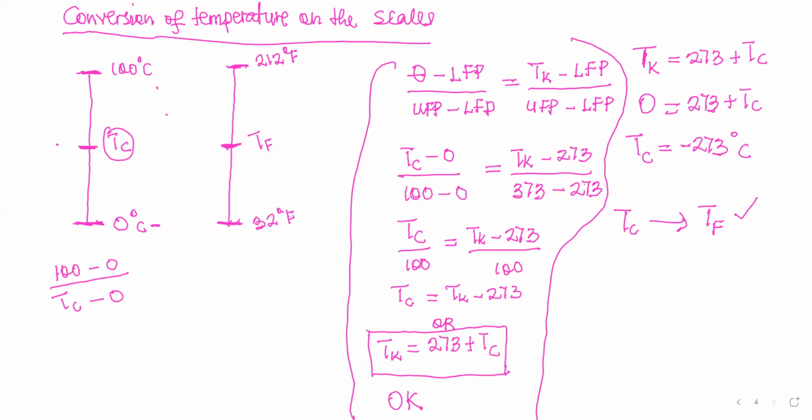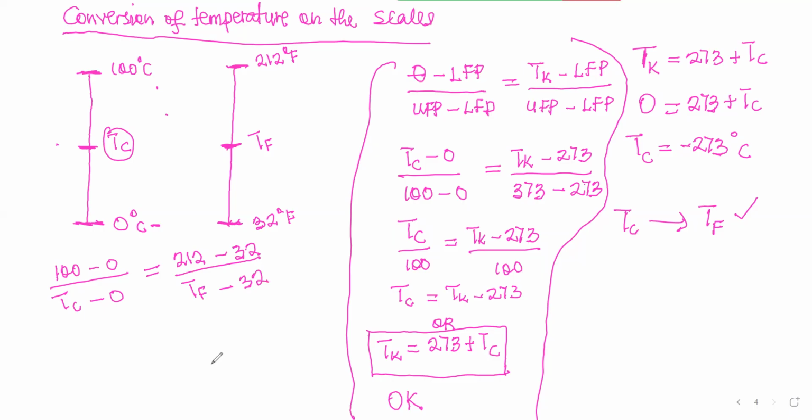Yes, sir. Okay. So this must be equal to, you see the order, you must do the same for the other scale. When you change it, it must also change on the other scale. So 212 minus 32 also divided by TF minus 32.